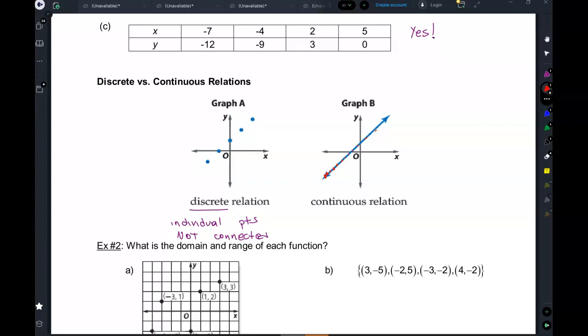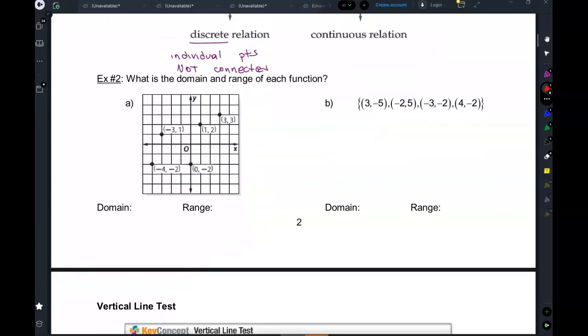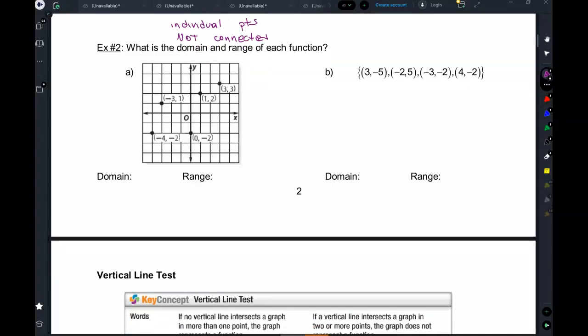Okay, so take a look at this one. This is a discrete function. We want to know what the domain and range is. So the domain, remember, it's all the x values, right? So what we do is we do a curly bracket, okay? Cute little curly bracket. And we're just going to put in all of the x values, but we're going to go in increasing order.